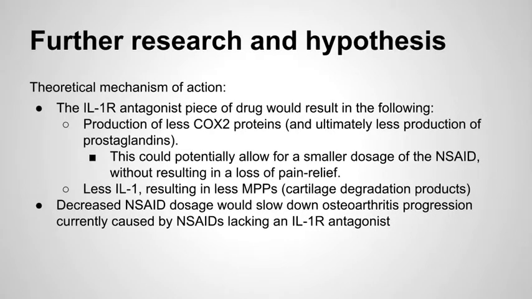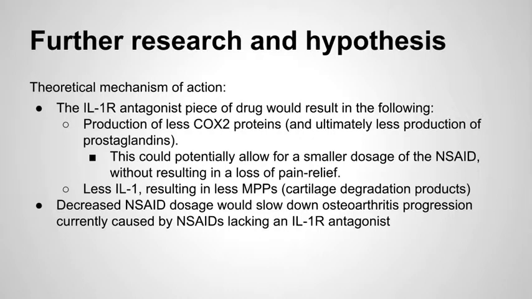So here's my theoretical mechanism of action. The interleukin-1 receptor antagonist portion of the drug would result in the following. Production of less COX-2 proteins and less interleukin-1, which would result in less MMPs, or those cartilage degradation products. So obviously less MMPs is great for stopping the progression of osteoarthritis because less degradation would result.